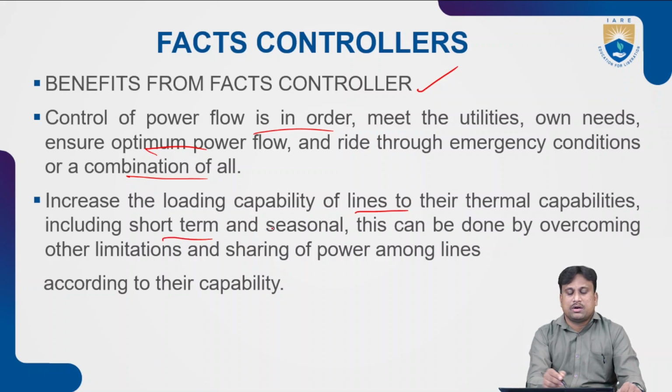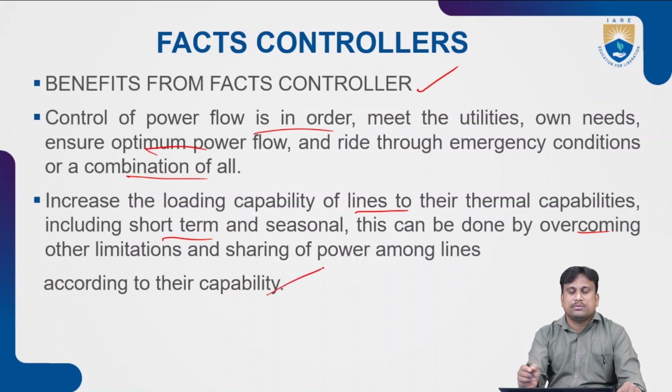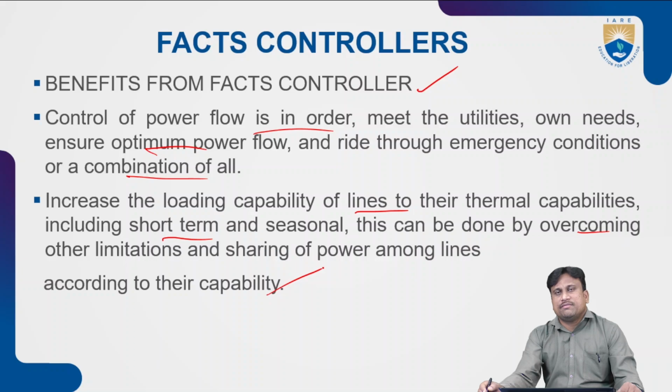That may include short-term and seasonal effects. This can be done by overcoming the other limitations and sharing the power among the lines, according to the capability of the system.